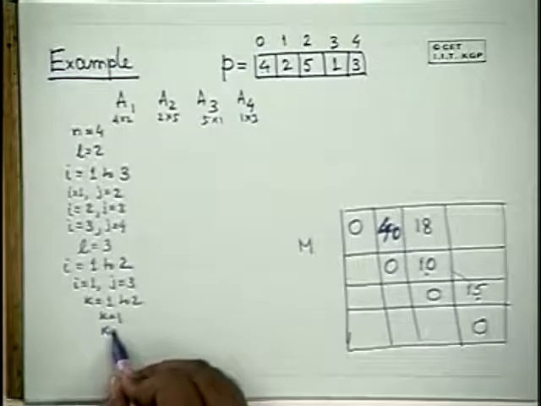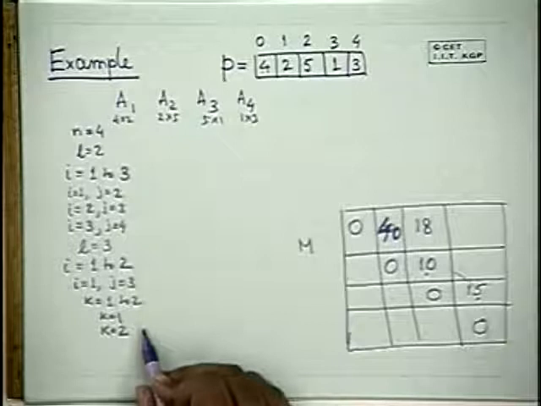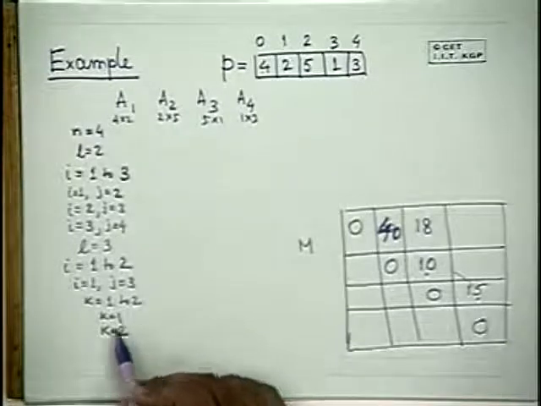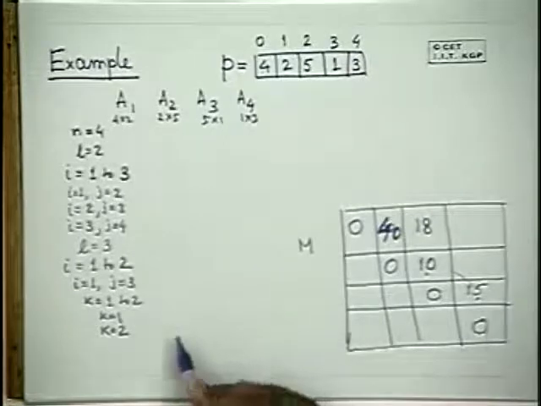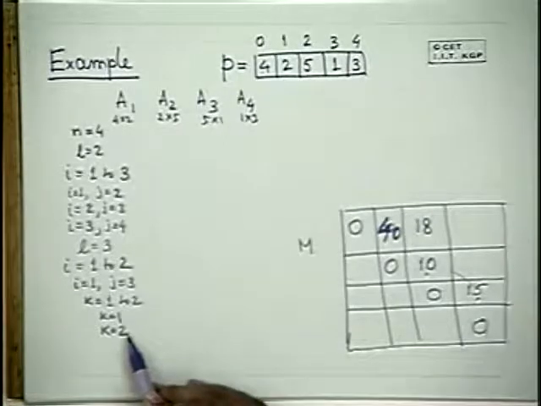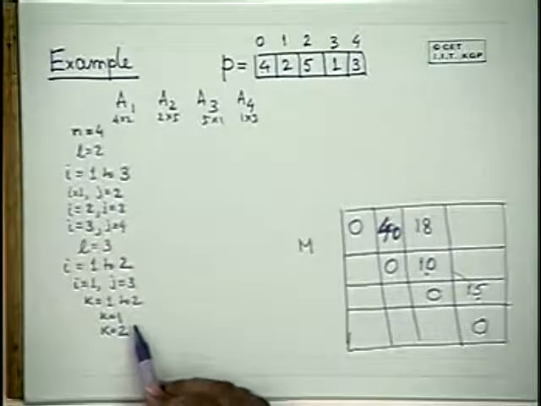Now k is equal to 2. What will k is equal to 2 give you? Again Mik. What is Mik? M12 is 40, then M33 is 0. 40 plus 0 plus that 3 thing, what is that?